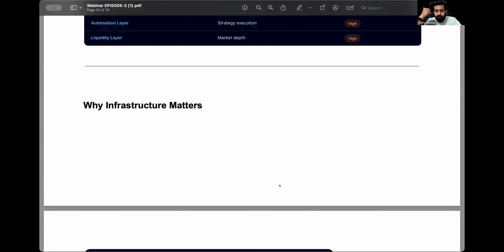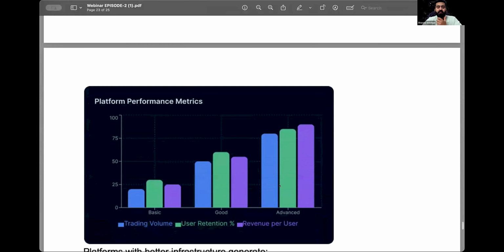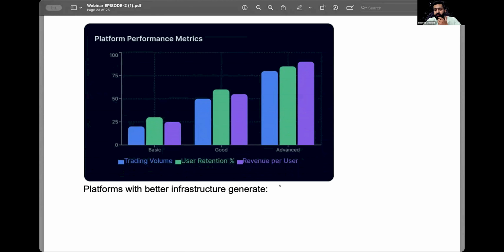So, after understanding what Hyperliquid is bringing, and what we kept utmost importance at, let's understand why infrastructure matters when it comes to building trading applications or the trading tool that we built.